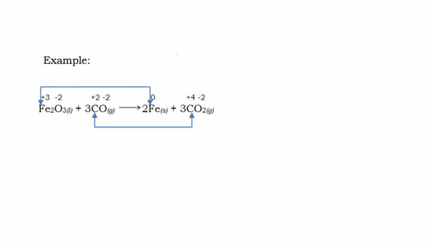Let's have this simple reaction for an example. To interpret, we have 1 mole of liquid ferric oxide reacting with 3 moles of carbon monoxide gas to produce 2 moles of solid iron and 3 moles of carbon dioxide gas.